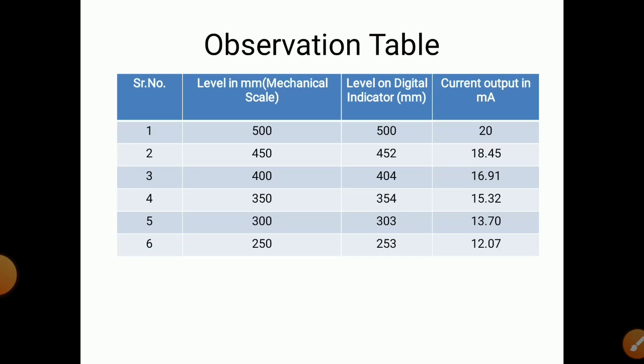So there is a little bit of change in the readings observed. And last, current output in milliampere. The last column indicates current output in milliampere, which is measured at the output points. Its values are 20, 18.45, 16.91. So like this we get the current output in milliampere, and like this the observation table is formed.